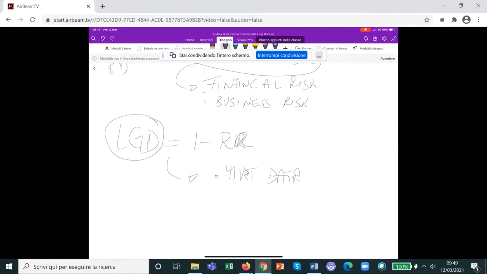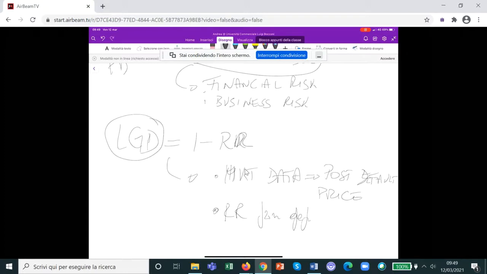And when we talk about market data, we mean basically post-default prices, okay? I.e., what happens to the price of the bond after there is a default. And alternatively, the recovery rate from defaults, okay?